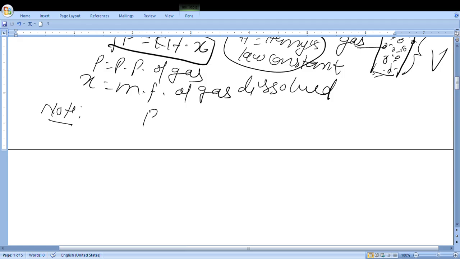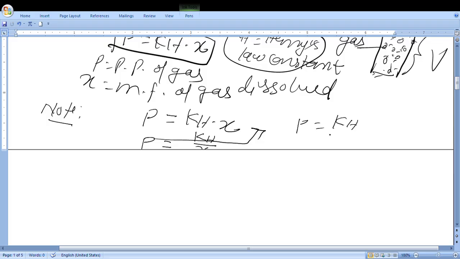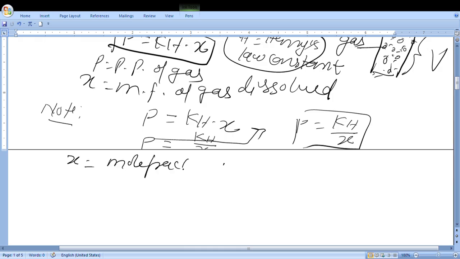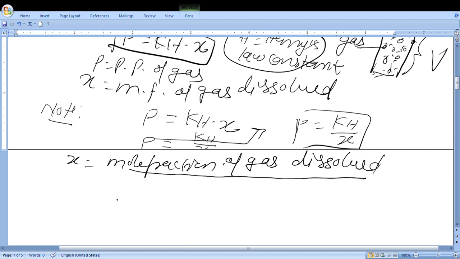We have the formula P is equal to KH into X. So X is equal to P upon KH, where X is the mole fraction of gas dissolved, and we can say it in terms of solubility as well.